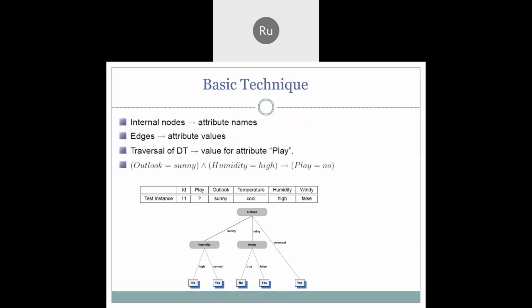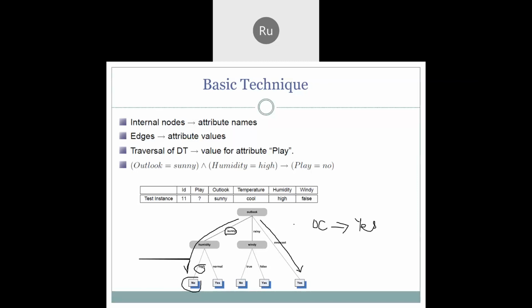Okay. So what happened here? The rules are saying that if the outlook is sunny, and also the humidity is high, then we will not play. So this is the rule going in this direction. Okay, the rule going here says that if you have overcast, then you will play.